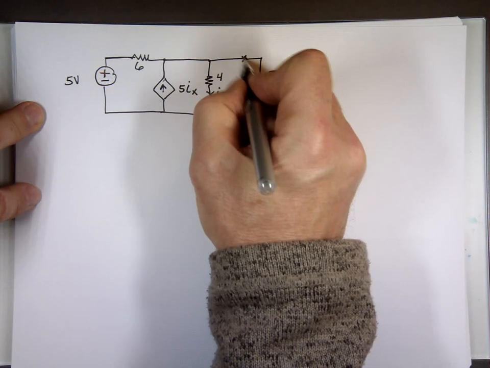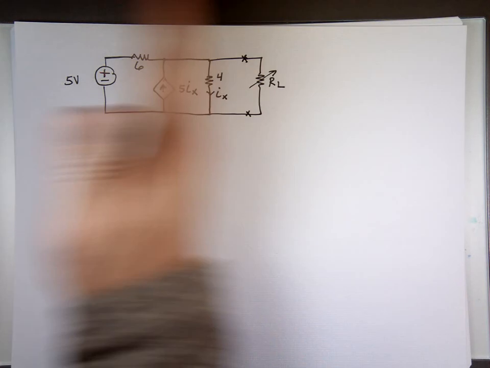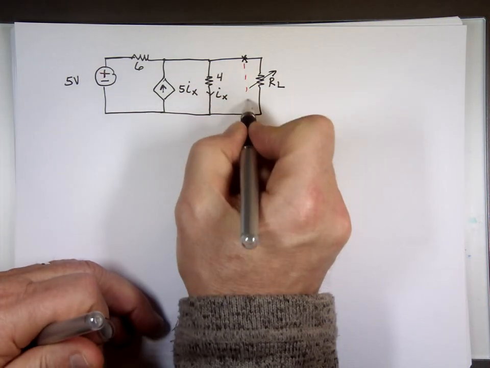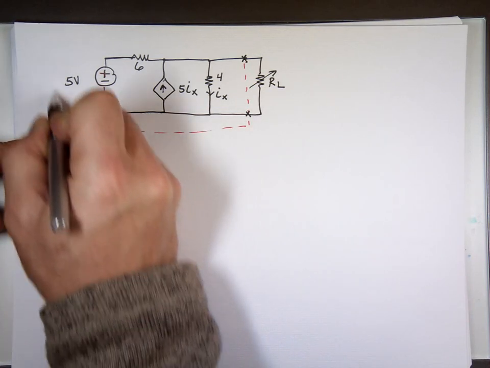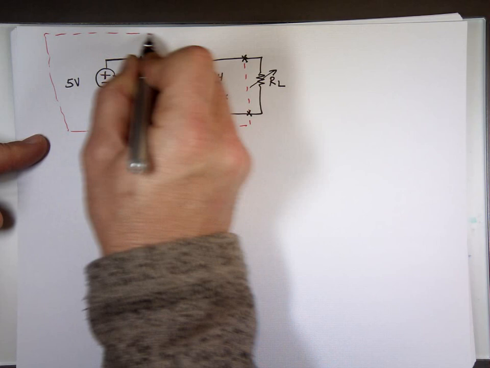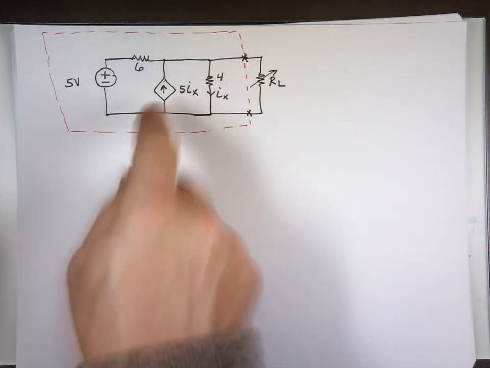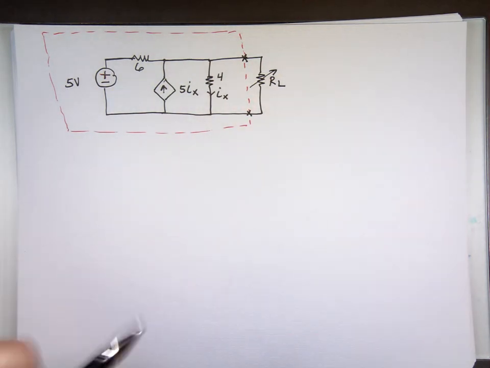So what I'm going to do is cut the circuit right here and Thevenize this circuit. Find the equivalent Thevenin of this circuit, the one in the red dotted box. So my job now is to take this whole circuit and replace it with an equivalent one.